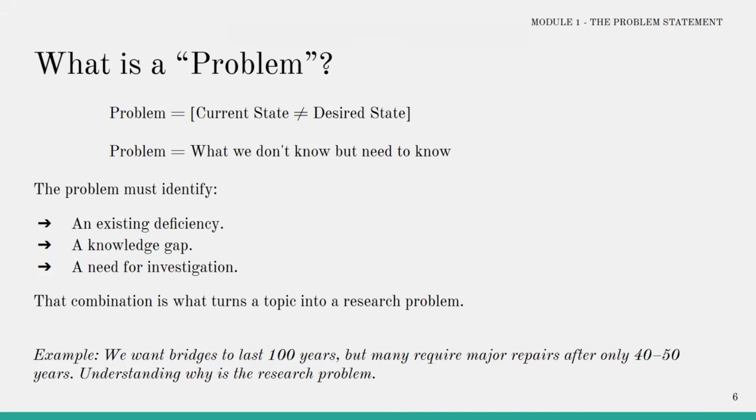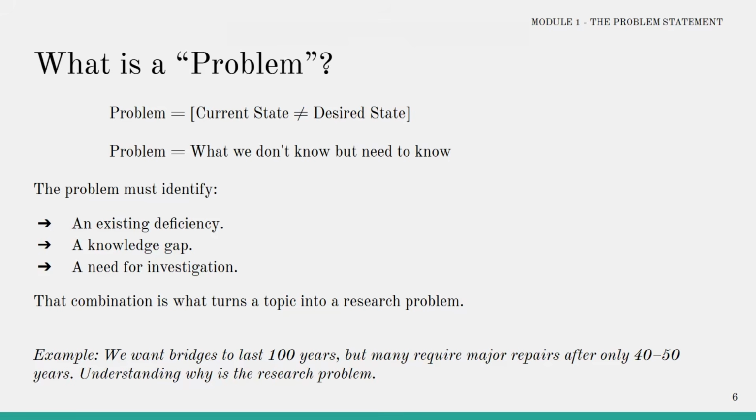A problem must identify an existing deficiency, a knowledge gap, and a need for investigation. That combination of these three properties is what turns a simple topic into a research problem.